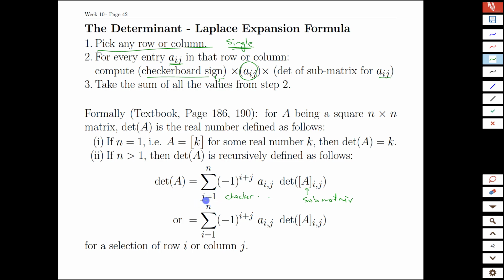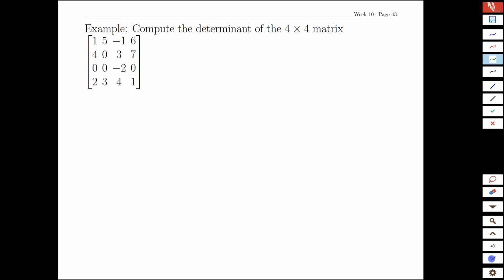We can add either over j as the columns, so we pick a row, this would be row i, and we just add up over the columns j, or we pick a column j, and we loop over the rows i and do the same thing. Again, this is a horrible amount of algebra on the page. Let's do one and see how this works out. All right, so pick a row or column.